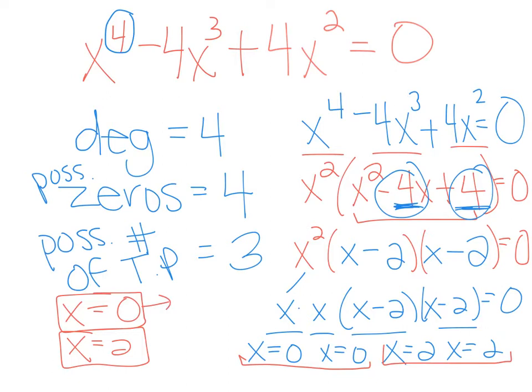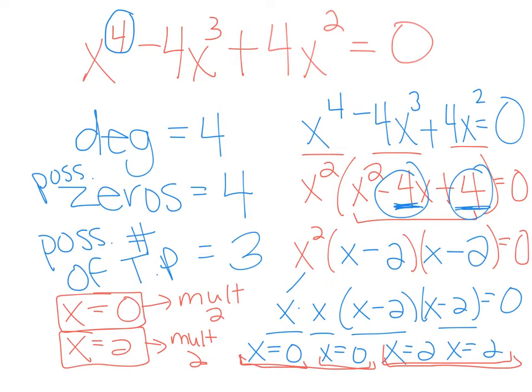So each of these zeros actually has what's called a multiplicity of 2 because each of those zeros occurs twice in my factorization. And when I find the zeros, I can see that each of these zeros, x equals 0 and x equals 2, occurs twice.